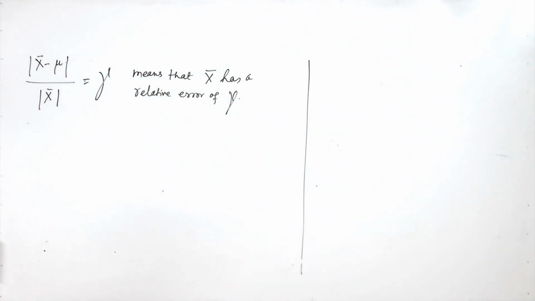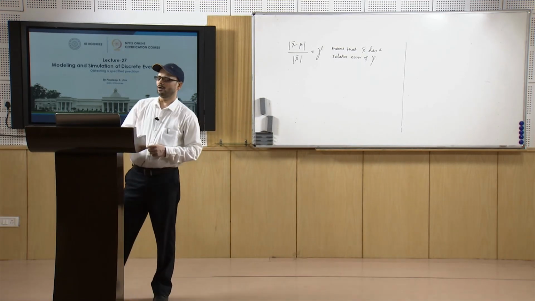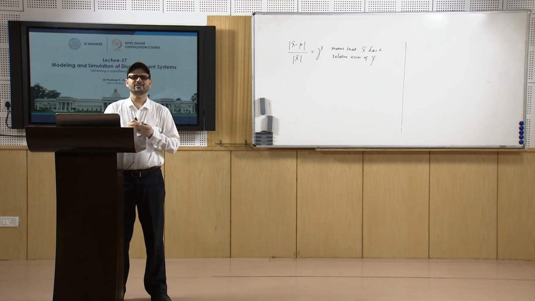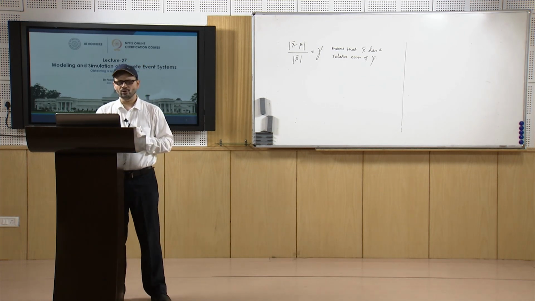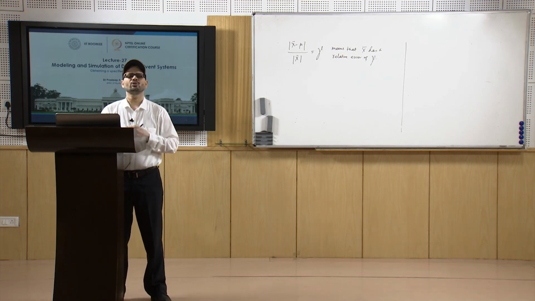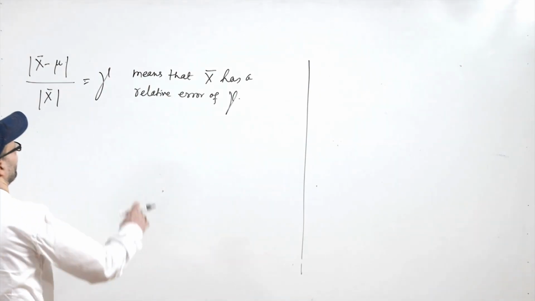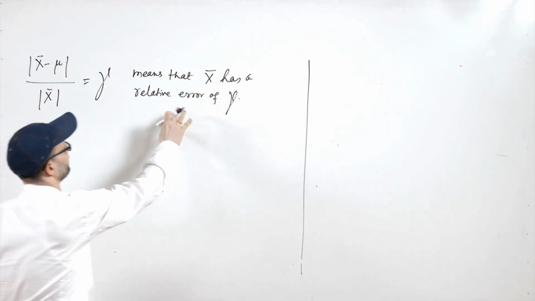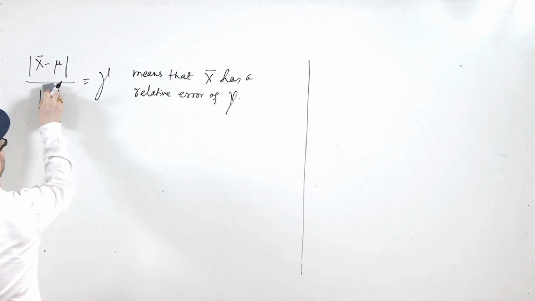Now, what do you mean by that? Basically, it is either expressed in terms of a particular absolute value, or we also tell it in terms of a relative error value. This is said to be: x bar has a relative error of gamma. Basically it is with respect to this mu.